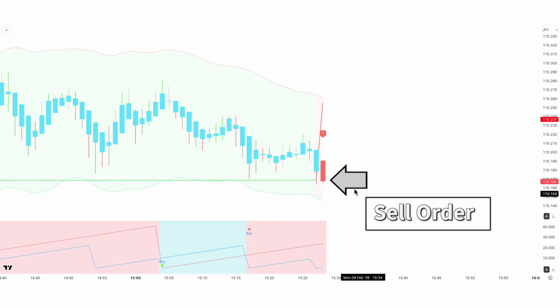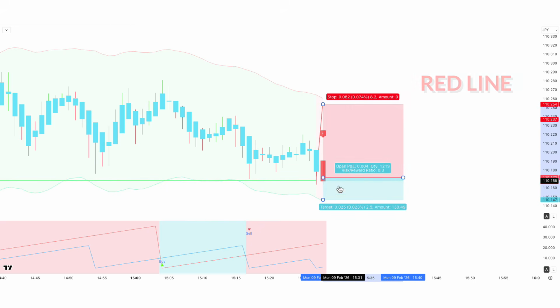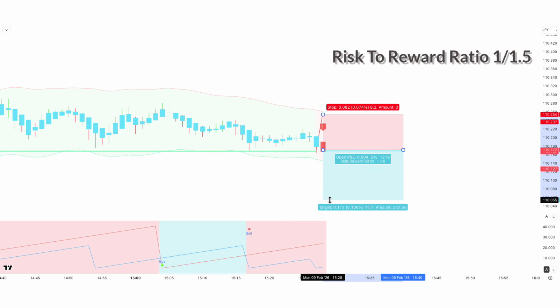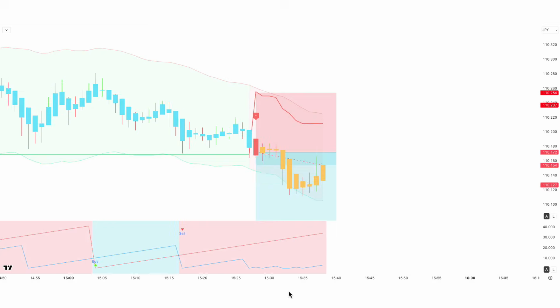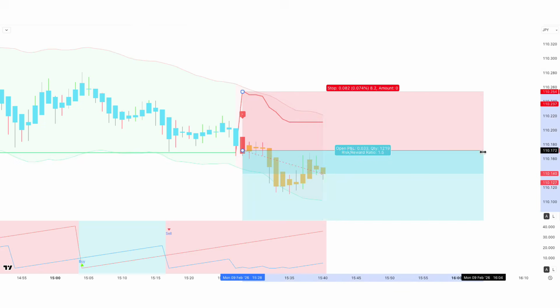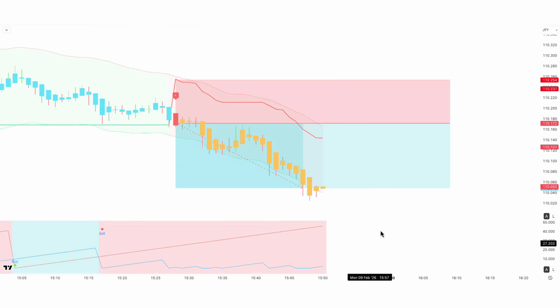So all our conditions are being fulfilled, so we are placing an order to sell. Our stop loss is to be placed at the red line, and the risk-to-reward ratio will be 1:1.5. Let's see what happens to our trade. Our trade is running in profit. We have won the trade.